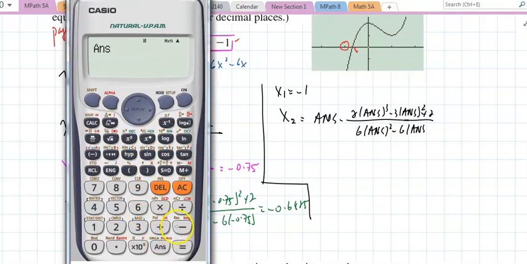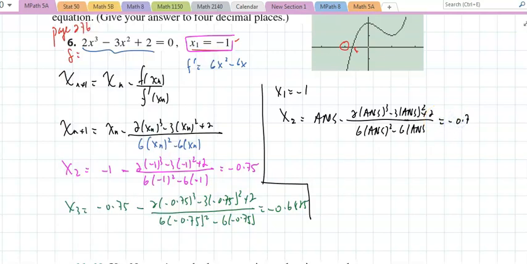If I take my answer minus parentheses twice the answer cubed, minus 3 times the answer squared, plus 2 close parentheses divided by 6 times my answer squared minus 6 times the answer, I'll get negative 0.75.